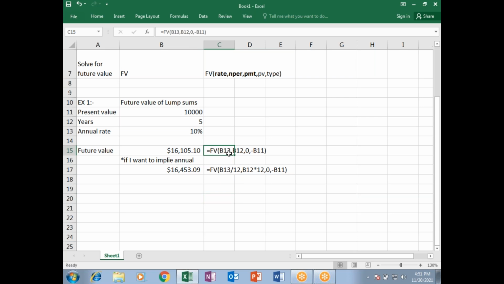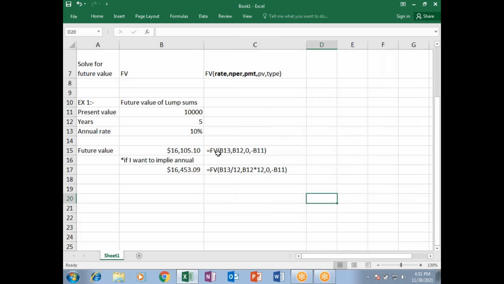So this is the formula. Here the reference has been taken. Whenever you are doing it in your Excel, the reference will also change. So don't forget that if mine is B13, yours might be a different reference. Where you type this value, there it will be represented. Understanding?